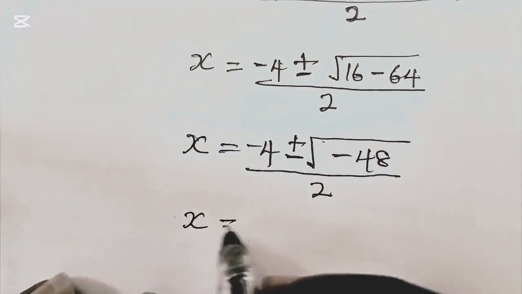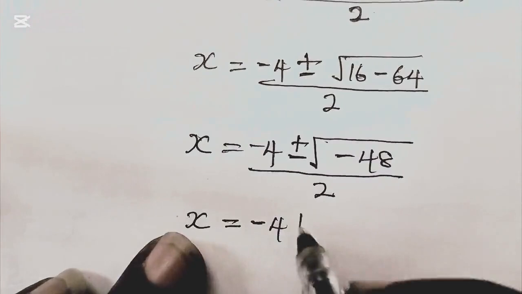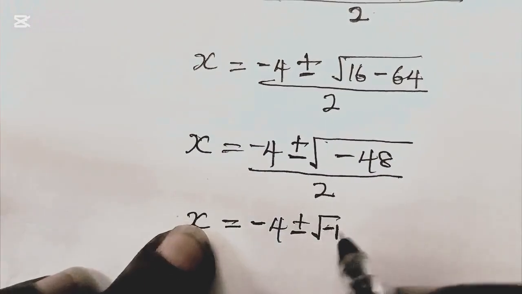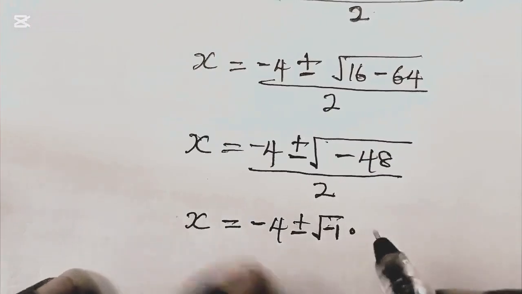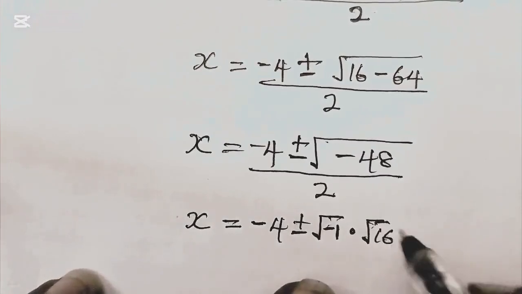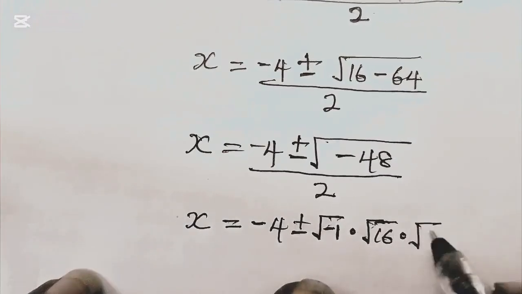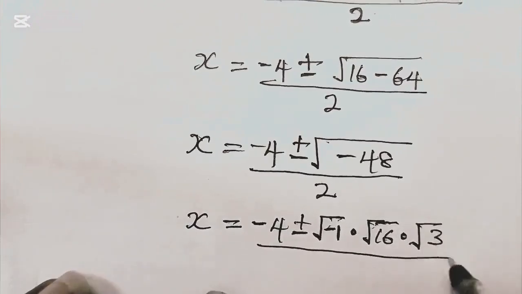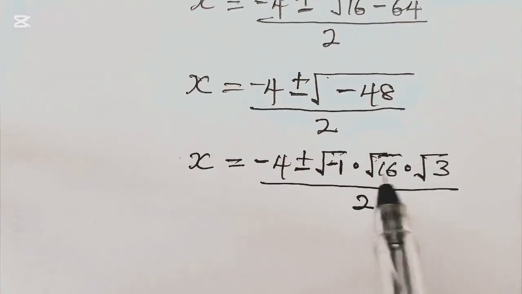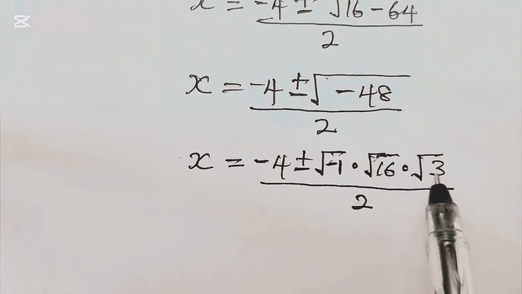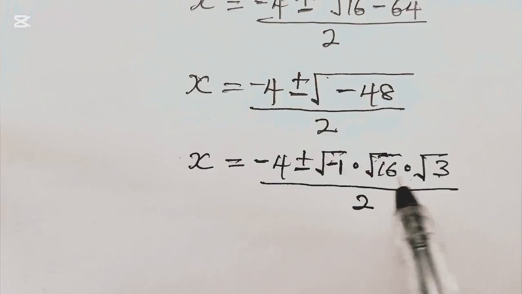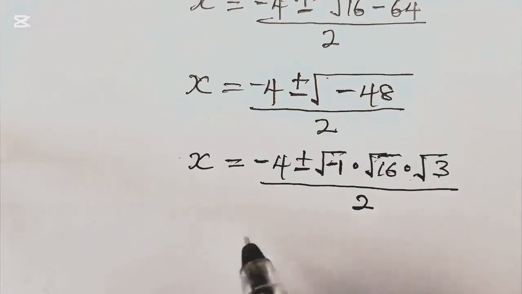So we have x equal to minus 4 plus or minus, we can break this one into minus 1 times 16 times 3 divided by 2. Because if you have 16 times 3, that gives us 48. Then 48 times minus 1, we have minus 48.